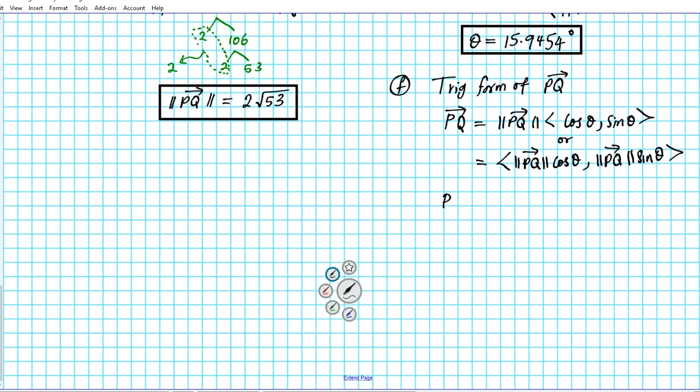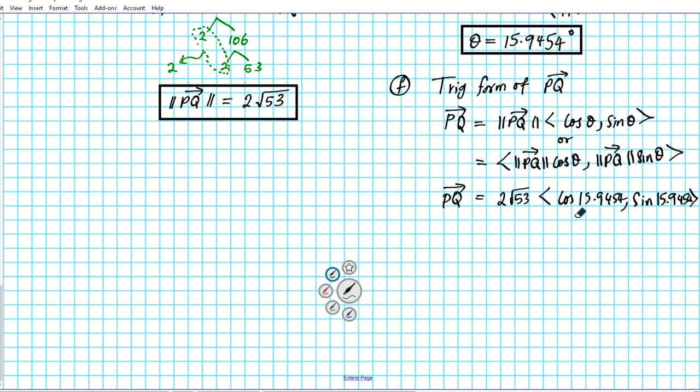Alright, so PQ in trigonometric form is as follows. It's going to be the magnitude of PQ, which is 2 root 53. We already did the calculations before. Bracket, pointy bracket, cosine theta. Theta is 15.9454, comma, sine theta, which is 15.9454.